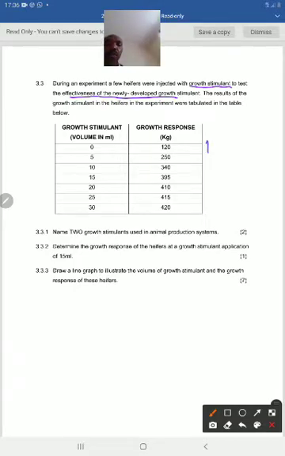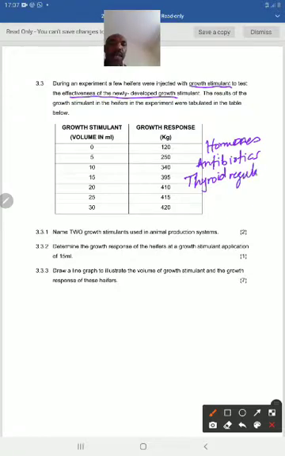The ones that we know are hormones. Hormones are growth stimulants. Antibiotics are growth stimulants. Thyroid regulators, they are also growth stimulants.